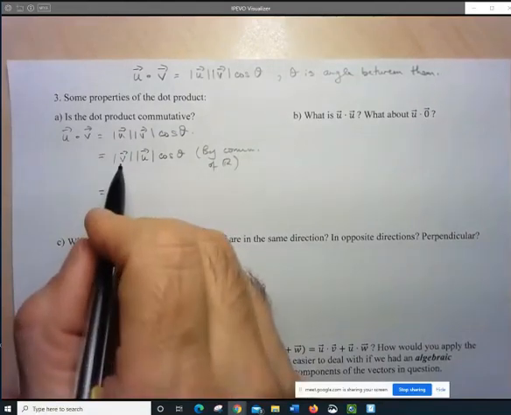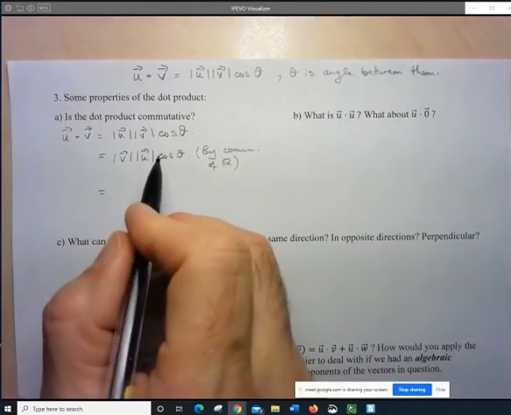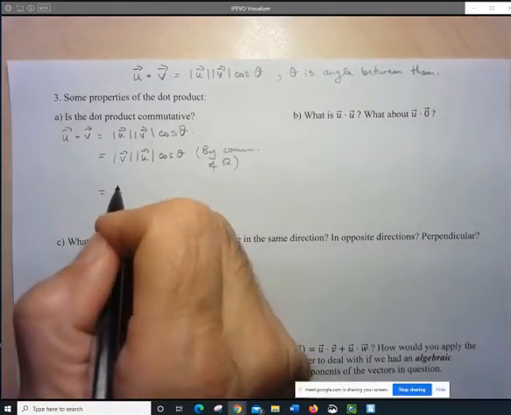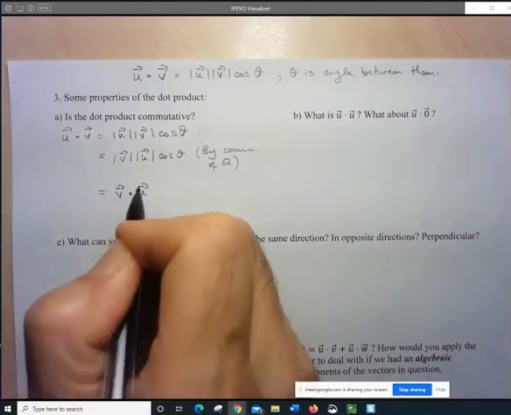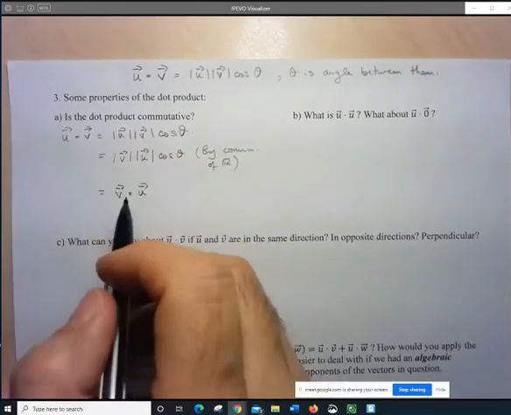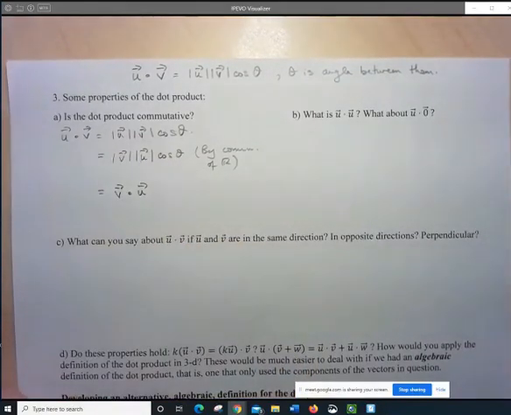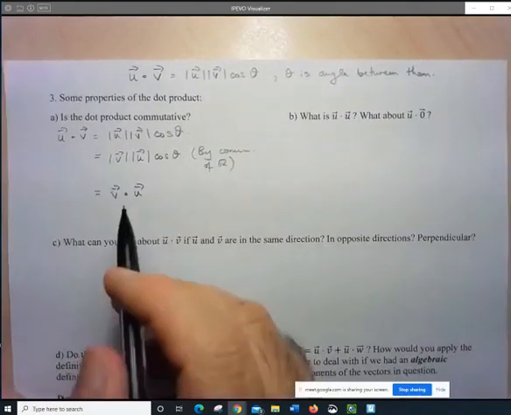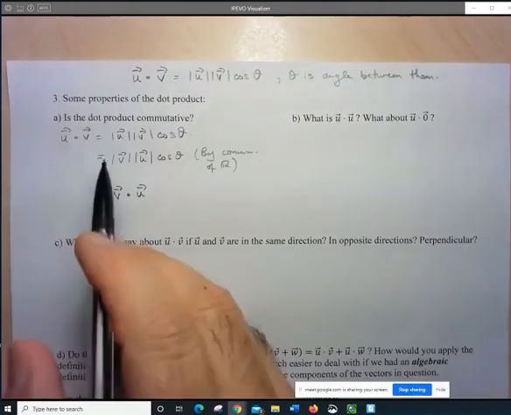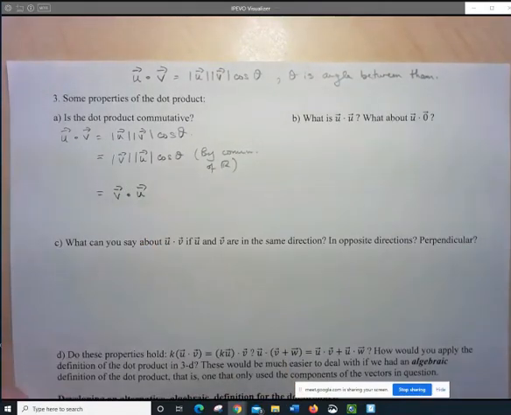Magnitude of the first vector times magnitude of the second vector times the cosine of the angle between them. This is just equal to v dot u. And so what we have just shown is that u dot v and v dot u are equal, meaning that this operation of dot product is commutative. The result is the same regardless of what order you take the dot product.